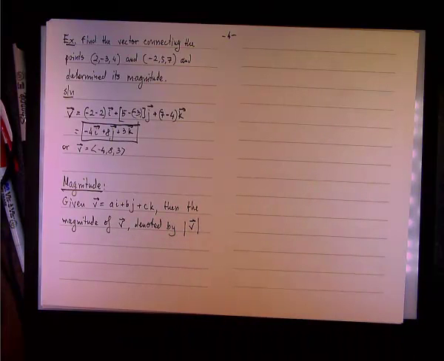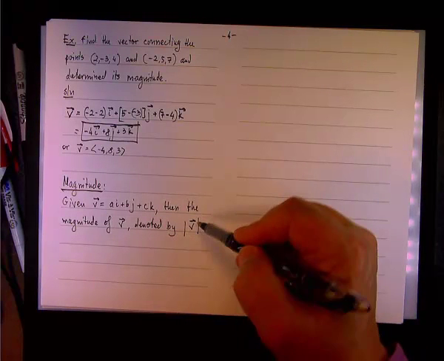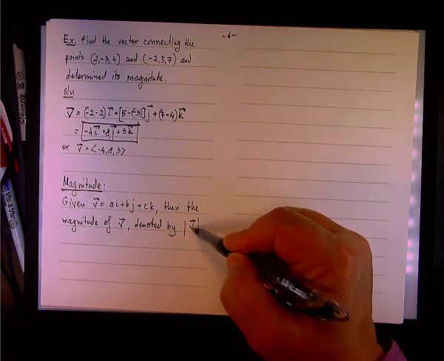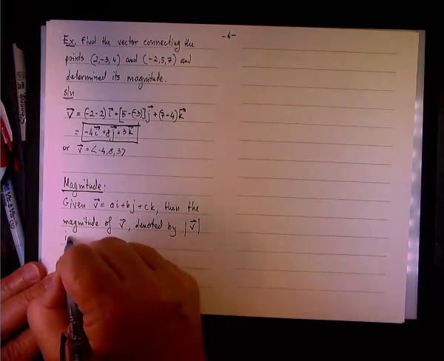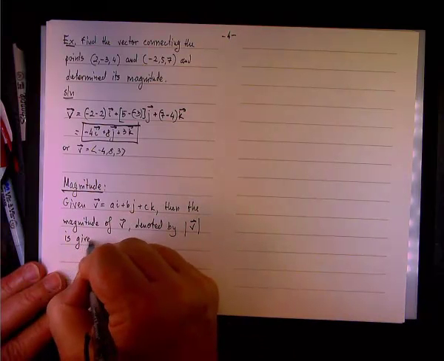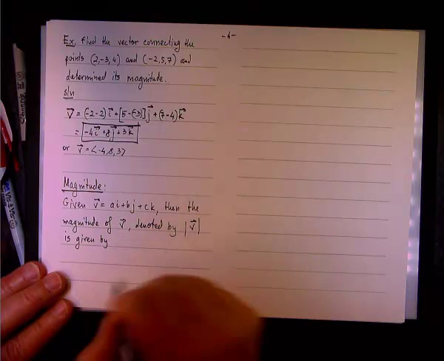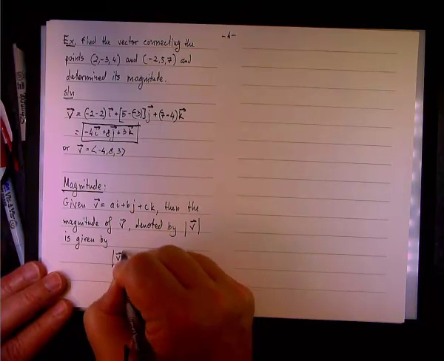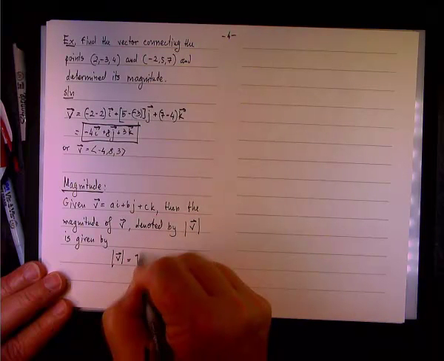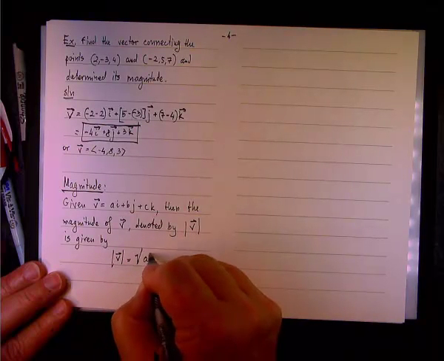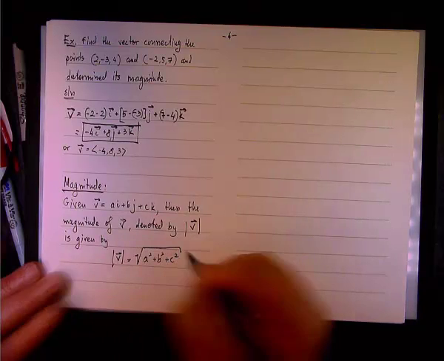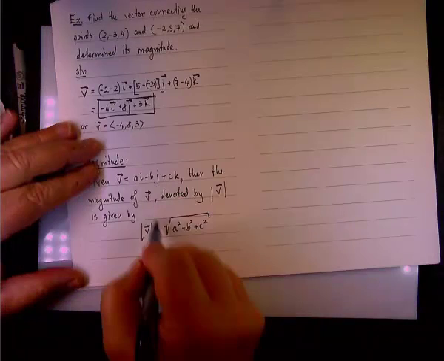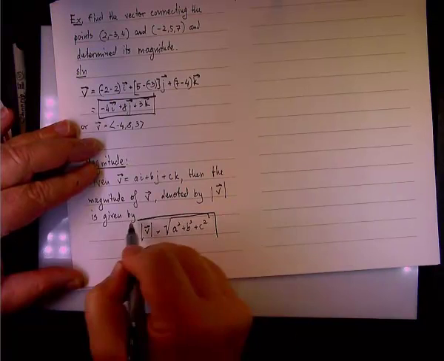As I said, the book used bold instead of arrow anyway, is given by, so we're going to write v like so. It will be the square root of a squared plus b squared plus c squared, like so. Okay. So this is the general form.